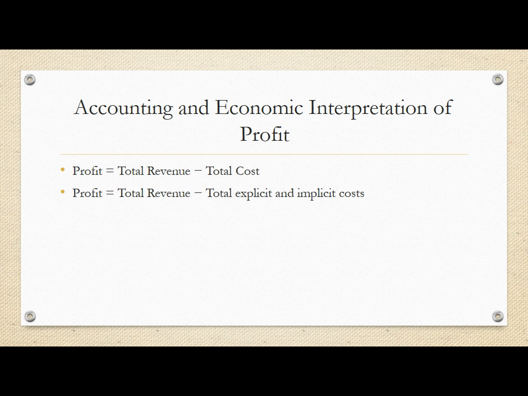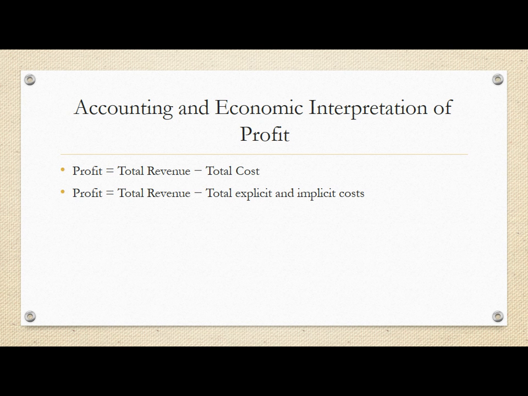In the economic sense also, profit is measured in the same fashion, but conceptually there is a sharp difference in its measurement. There is a distinction between the accounting and economic definitions of costs.